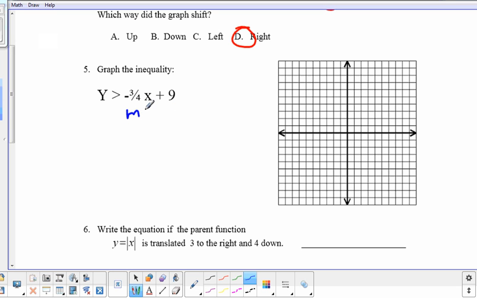Remember, mx plus b. 9 is our y-intercept, so we go up here to 9. And then our slope is negative 3 over 4, so it's rise over run. So we go down 3, over 1, 2, 3, 4. Do it again. Might as well do it again. End up over in here.